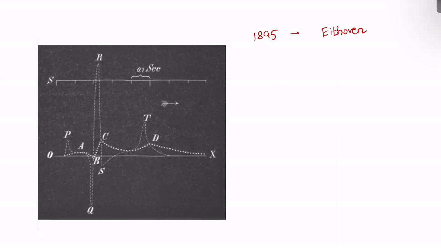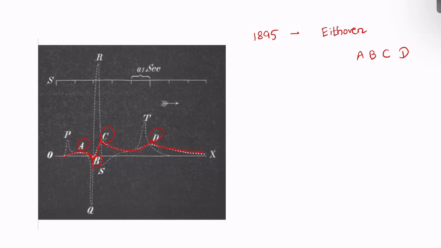There are four waves of the ECG, and he named these waves A, B, C, and D. So here it is the A wave, B, C, and D. These are the waves recorded by Einthoven.